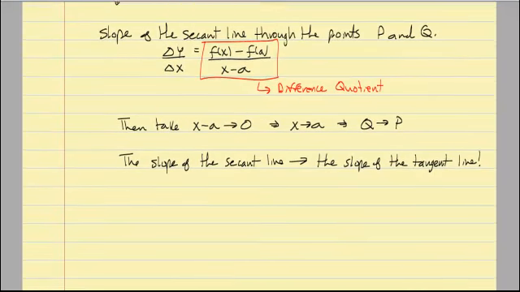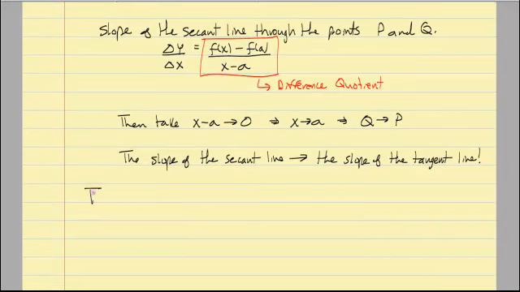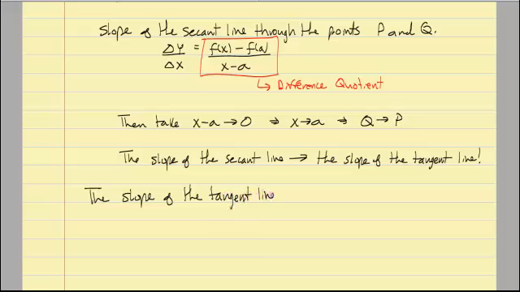So the slope of the tangent line to the graph of f of x at the point x equal a is given by this notation.